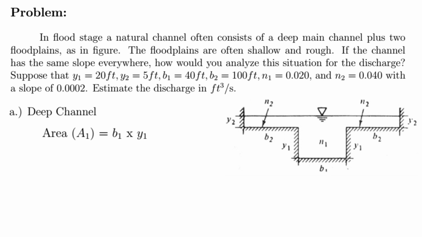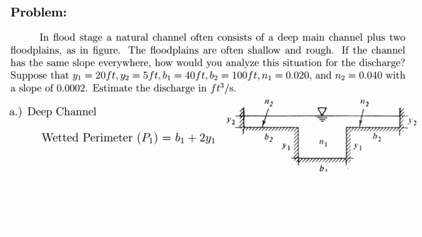The depth of flow is 25 feet, the Y sub 1 plus Y sub 2, multiplied with the width of the channel, which is 40 feet, resulting in 1,000 square feet. Next, we need to solve for the wetted perimeter needed in getting the hydraulic radius.